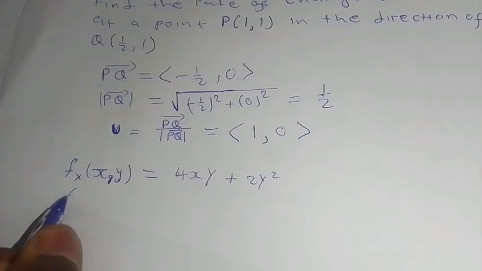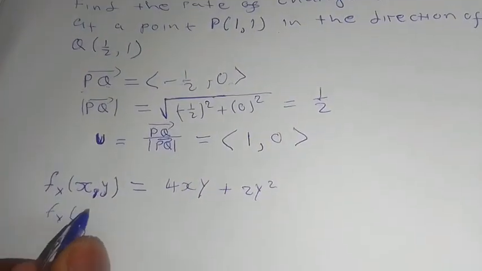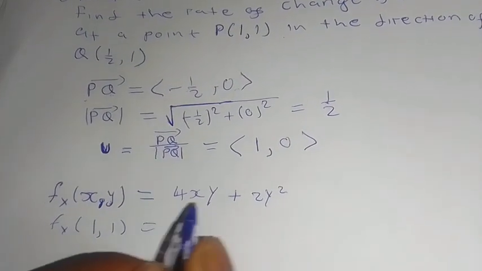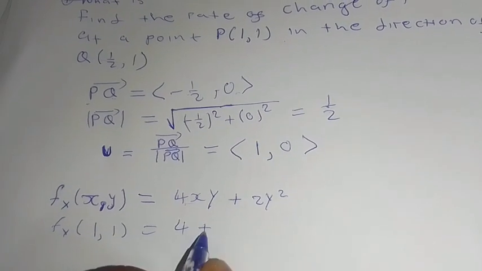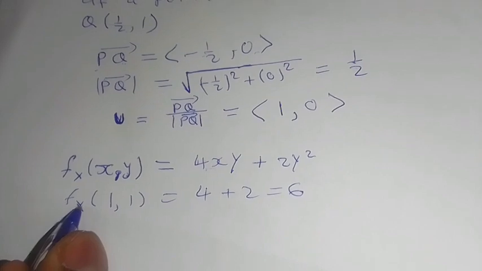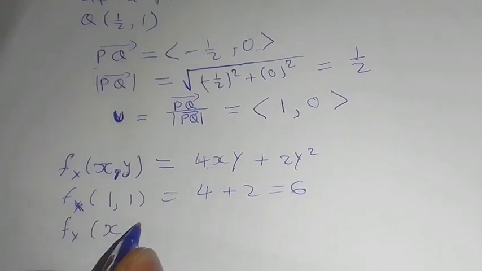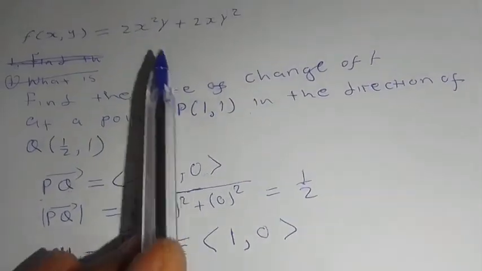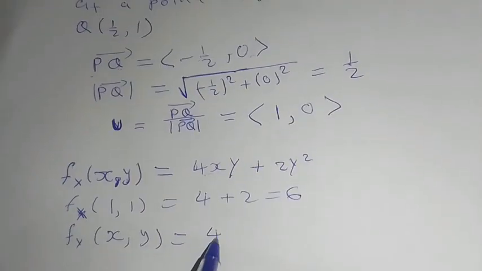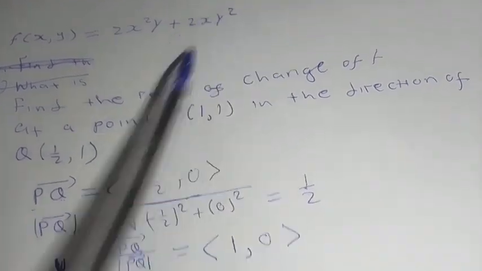Then you evaluate the partial derivative at the point (1, 1), and you get 4 plus 2, which is 6. Then you find the partial of f with respect to y, which gives 4x squared plus 4xy.